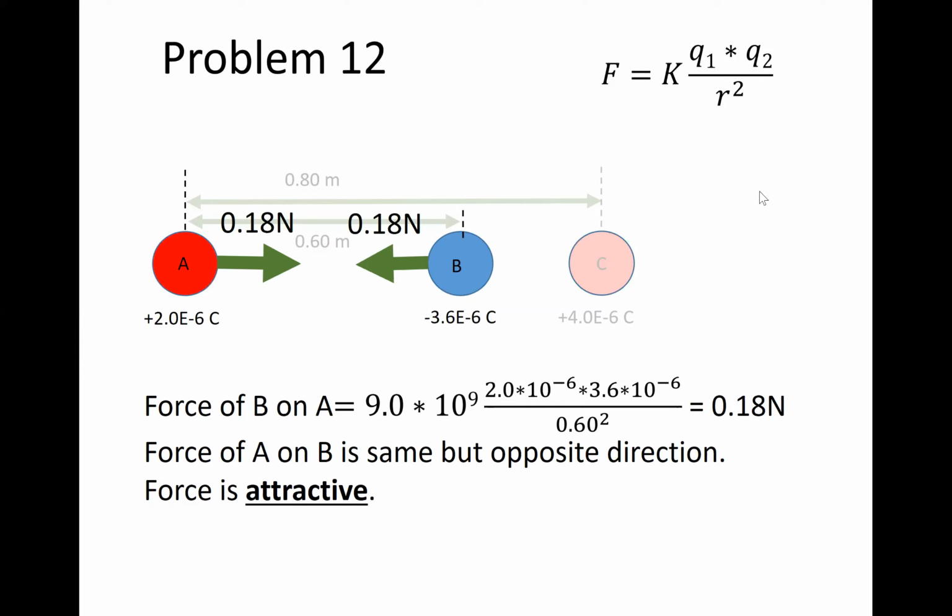Okay, so Yasin is asking, why is it not negative? Oh, you're asking why I didn't put a negative sign here? Oh, okay. Thank you for asking. That's a good, important question. What I like to do when I'm using Coulomb's law is work with absolute values and let the picture tell me the direction, because remember, the minus sign only tells you the direction.